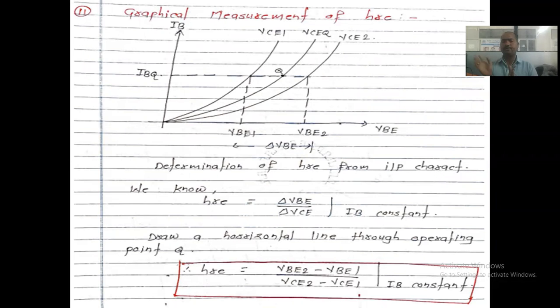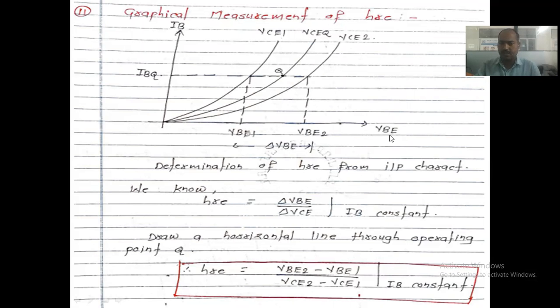So to find the hre value, we need two voltages, the input voltage and the output voltage. In this case, the input voltage is the base to emitter voltage and the output voltage is the collector to emitter voltage.